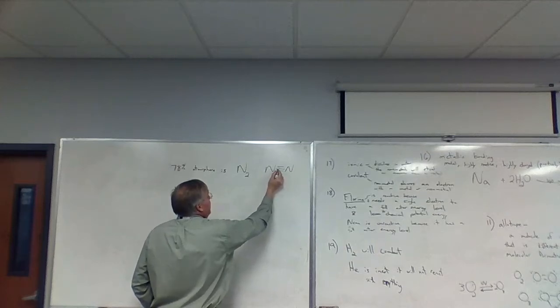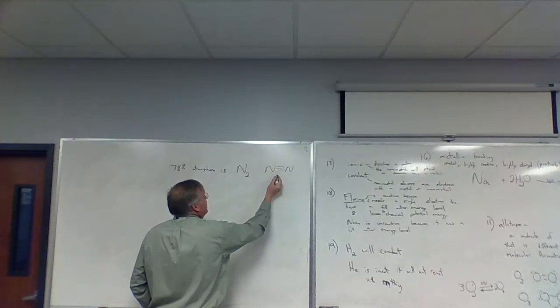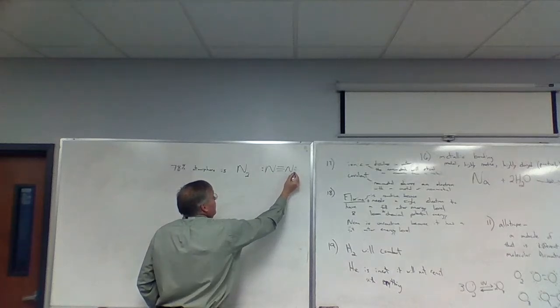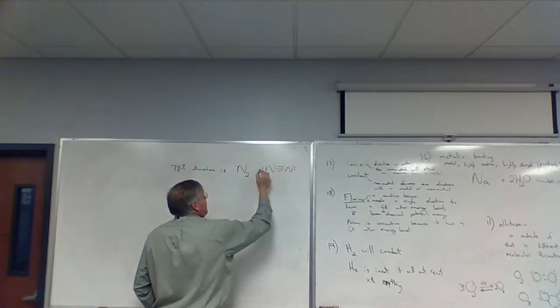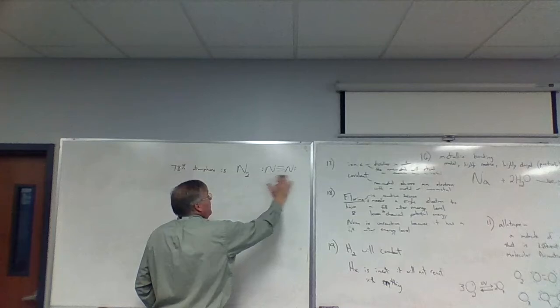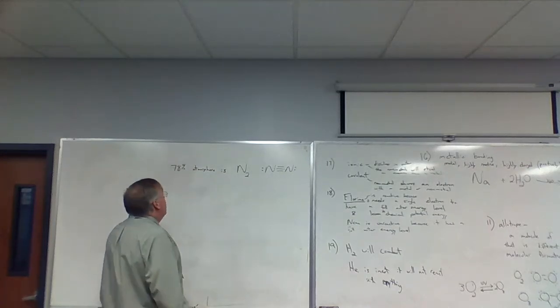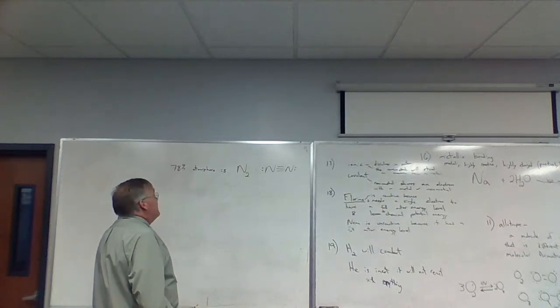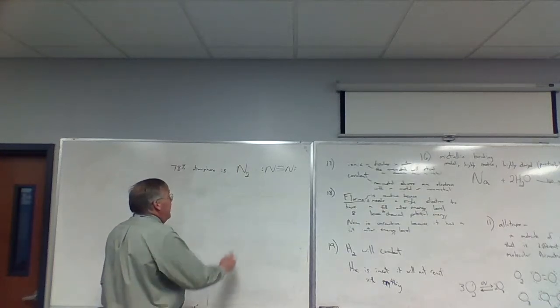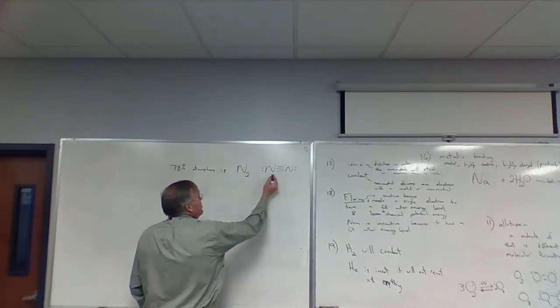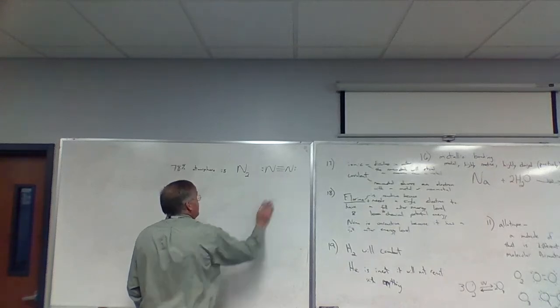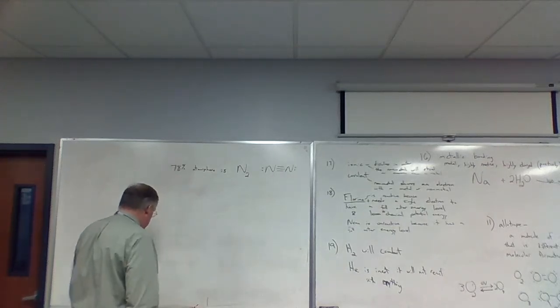Each nitrogen brings 3 electrons to share with the other nitrogen. So this is 6 electrons, and nitrogen only has 2 others. That gives it 8 electrons in its outer energy level. That's why nitrogen does that, okay? So 78% of the atmosphere is nitrogen, N2, or nitrogen triply bonded with another nitrogen element, okay?